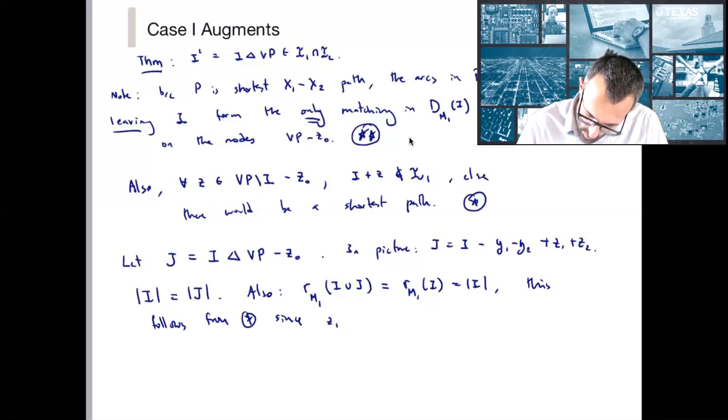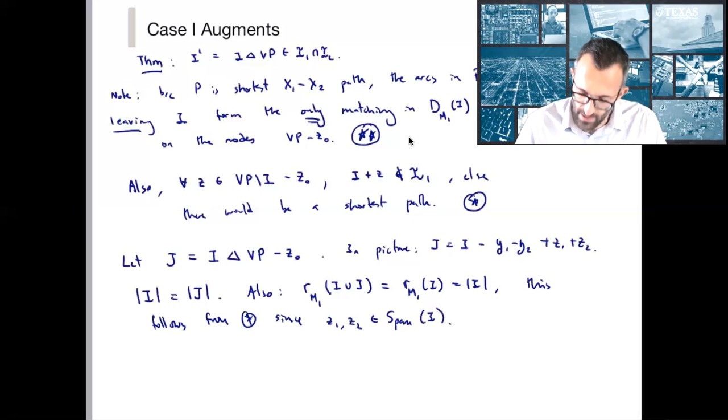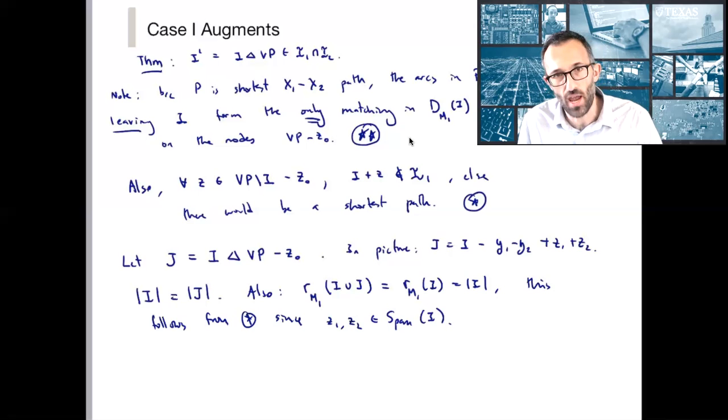Since z1 and z2 have to be in the span of I. You see, if it's not the case, if any element of J were outside of the span of I, then it would mean that I plus that particular element would still be independent, which we've ruled out. And therefore, whatever is in J, but not in I, namely z1 and z2 in our example, they have to be in the span of I.